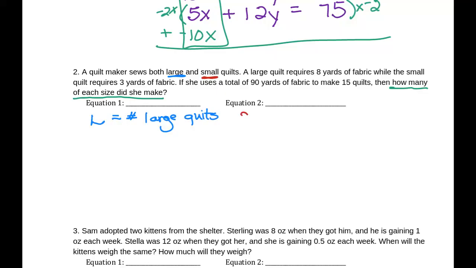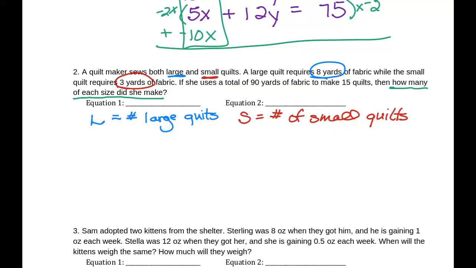And let's use S for the number of small quilts. Now, let's take a look back in my equation. A large quilt requires 8 yards of fabric. Small quilts require 3 yards of fabric. She's using a total of 90 yards to make 15 quilts.